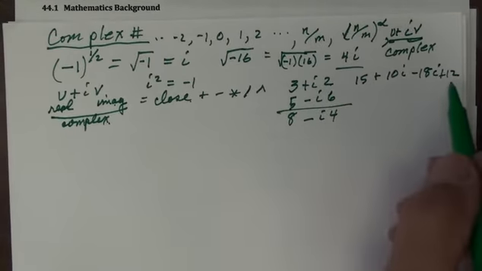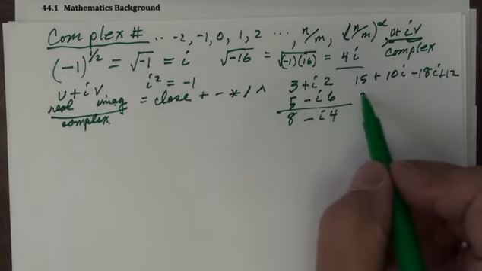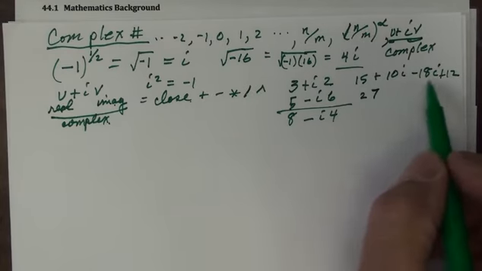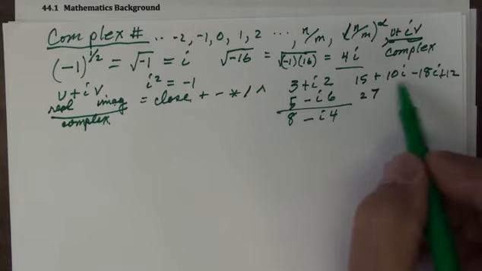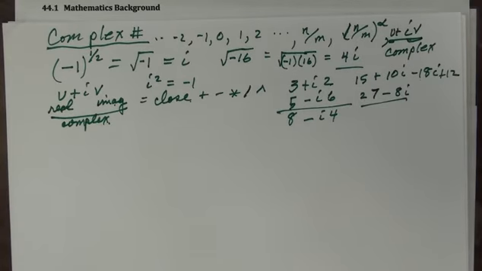And so if I add all of this up, I have 12 and 15, so that would be 27. And I have a minus 18i and a plus 10i, so it would be minus 8i. And that'd be the product of the two.